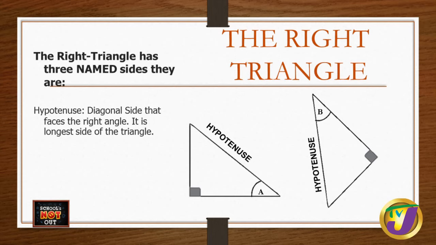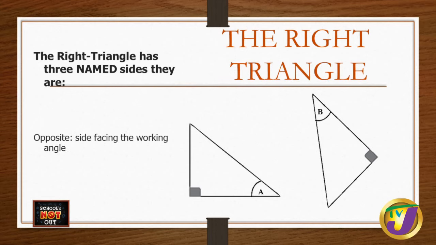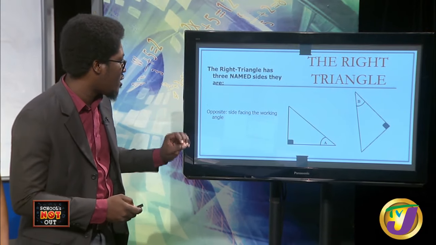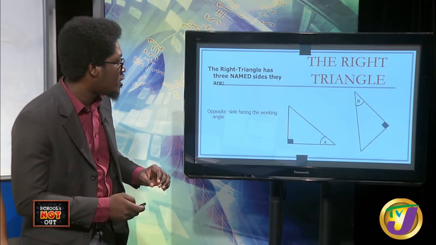Then we have another named side, which is the opposite. The opposite is the side facing the working angle. The working angle is outlined by the letters A and B. So remember guys, our opposite is always facing the working angle, and we demonstrate this.